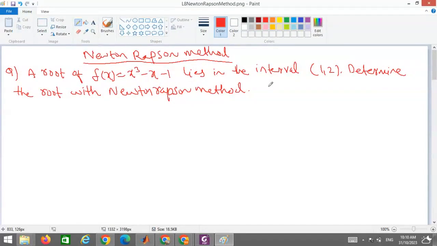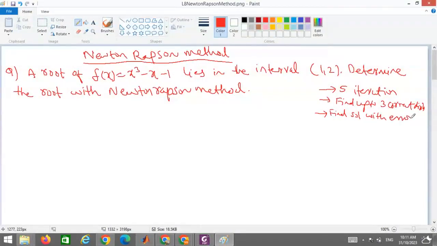Sometimes a hint will be given, such as take the initial guess, or do up to 5 iterations. You know that there are many ways in which you can stop this. Either they may ask you to do 5 iterations, or they'll ask you to find up to 3 correct digits, or they may ask you to find a solution with error less than 0.001%.